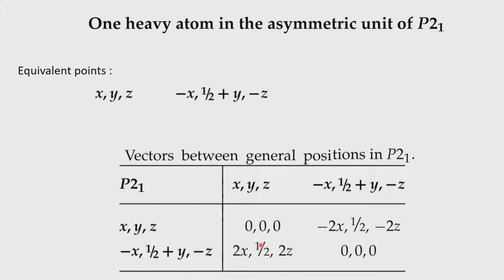So, you have now therefore in the projection which you do down the y axis at half, you see that you will get a solution corresponding to 2x, 2z, minus 2x, minus 2z. So, you plot now the value of v equals half, okay, and then you will see a centrosymmetric related two peaks which are very heavy corresponding to the heavy atom. So, those will be 2x, 2z and minus 2x, minus 2z.